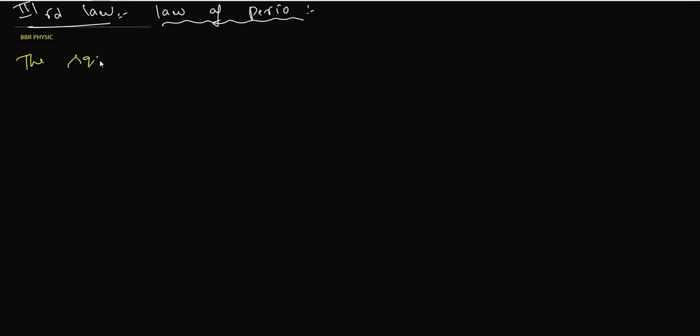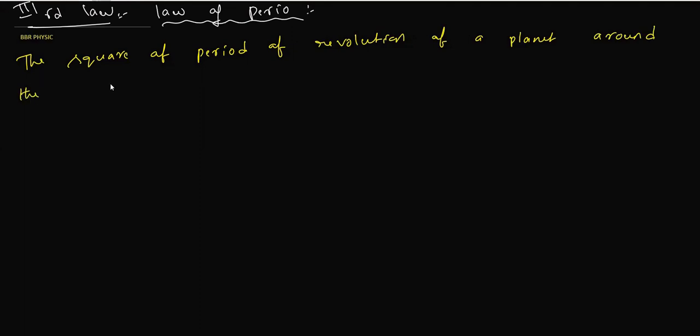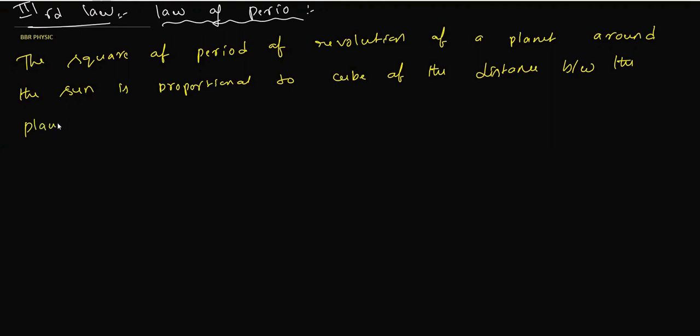The square of the period of revolution of a planet around the sun is proportional to the cube of the distance between the planet from the sun.